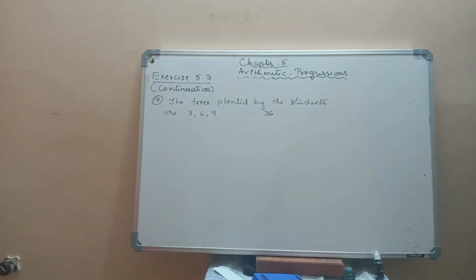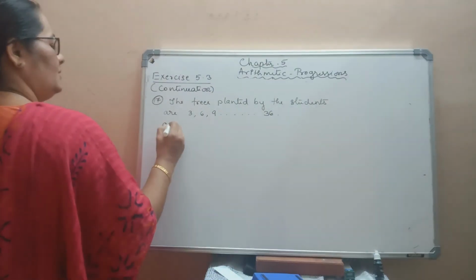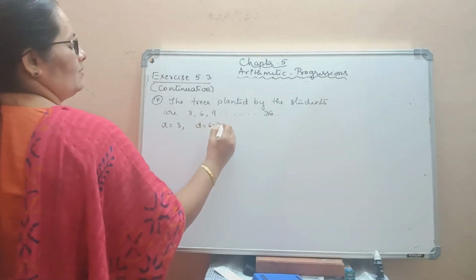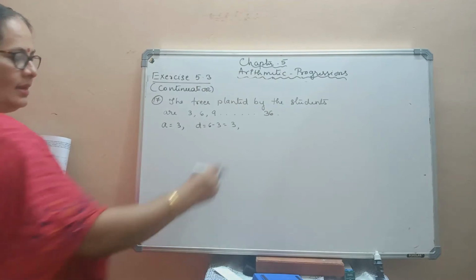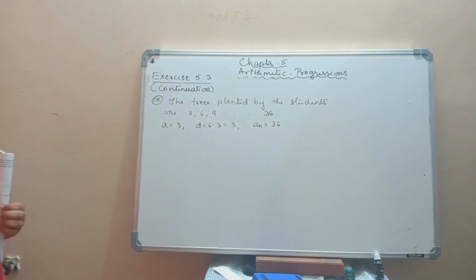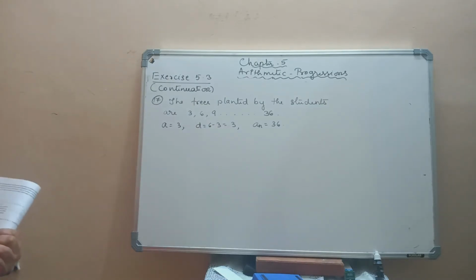Okay. Now here the first term is 3 and the common difference is 6 minus 3, which is 3, and the last term an is 36. You have to find S12, the sum of the trees planted by the students from class 1 to class 12.